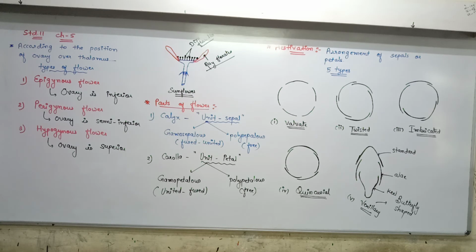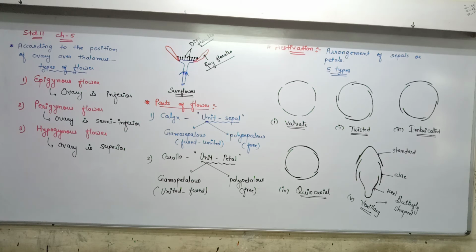When sepals or petals in the whorl just touch one another at the margin without overlapping, so all the units of the whorl are attached at the margin but not overlapping each other, it is known as valvate.